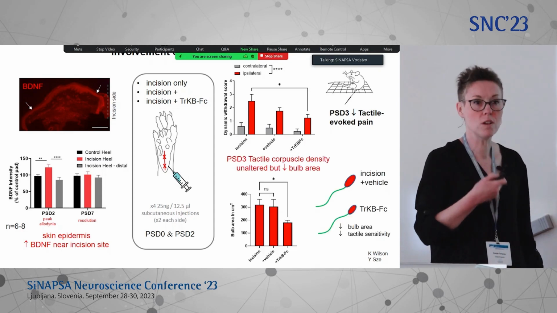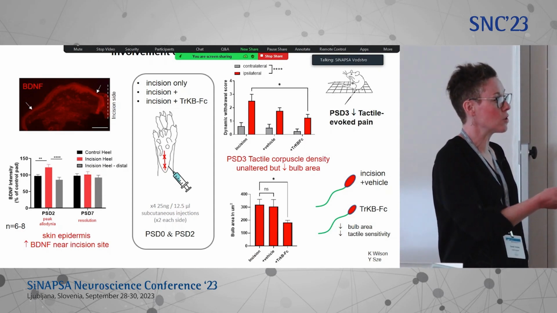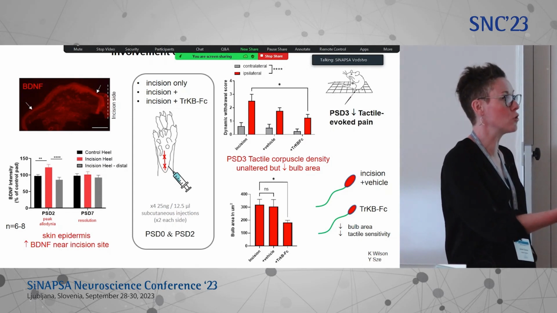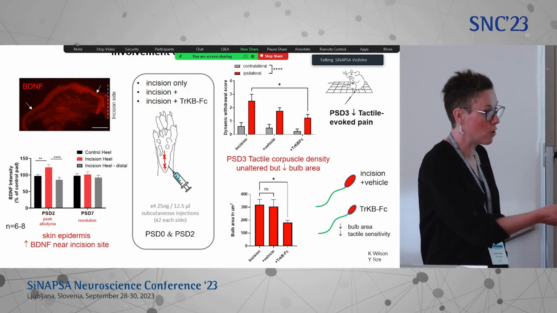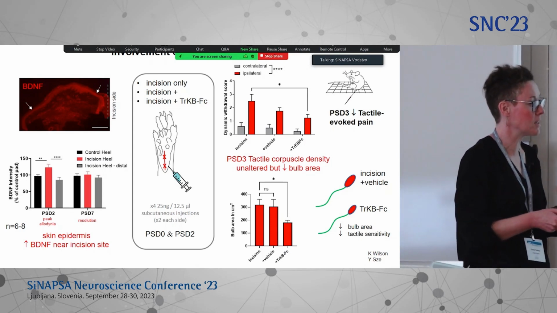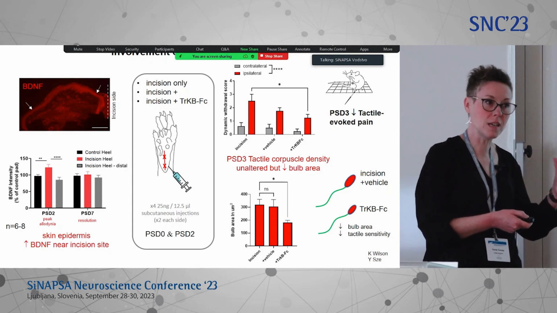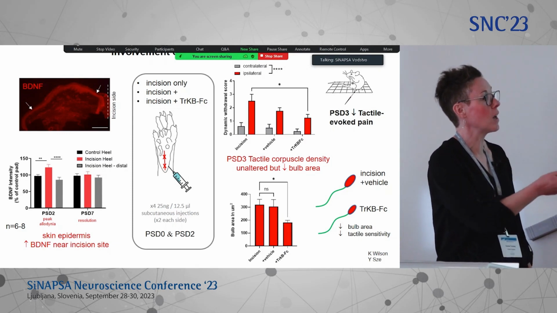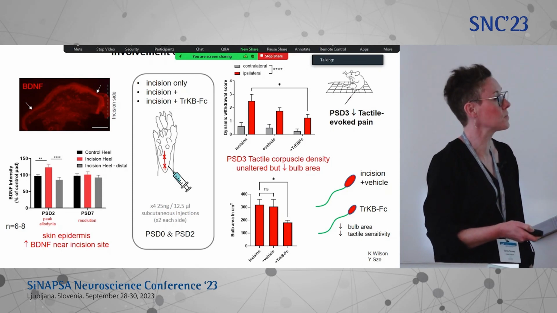And when we look at the tactile corpuscles, the density is not altered, but the size of those tactile corpuscles is reduced by about half. And reducing the bulb area, the size of the tactile corpuscles, will reduce tactile sensitivity. So what we have shown here is that BDNF TrkB signaling is involved in the development of the novel corpuscles and the tactile evoked pain.